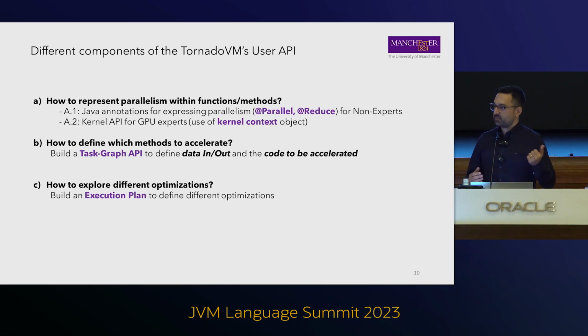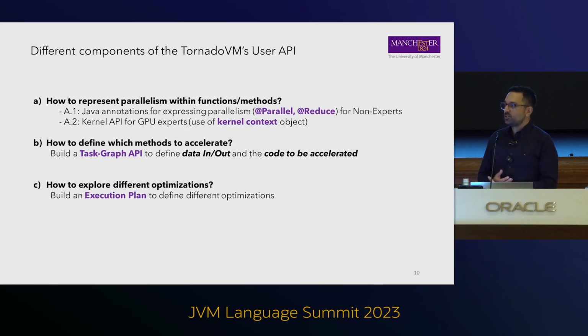We have two, add parallel and add reduce, which Gary mentioned before. This is a way to annotate sequential code, and Tornado will do the magic to transform the sequential algorithm into parallel code.